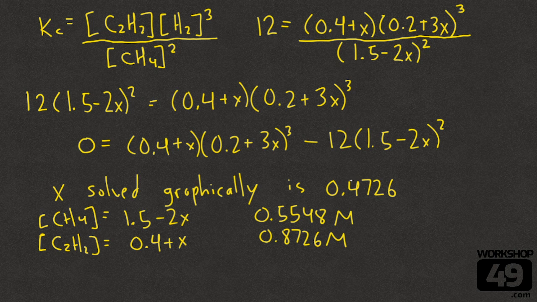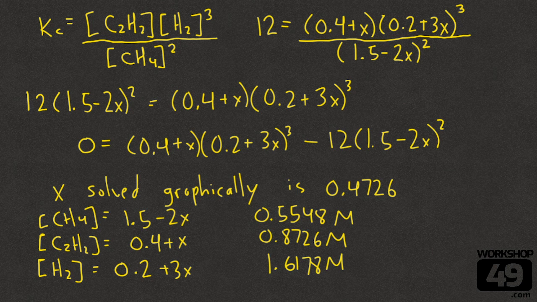We just take this x value and fill it into the equilibrium concentrations. We got those from the ice table up above. And our hydrogen, that cubic that totally messed us up, is still going to be 0.2 plus 3x, which equals 1.6178 molar. And that, my clever little cupcakes, is how you can use a little bit of graphing technology to quickly solve these Kc questions without having to worry about doing all the algebra.